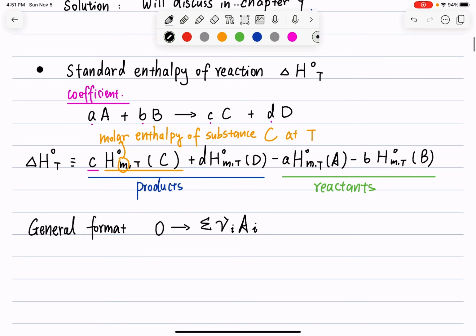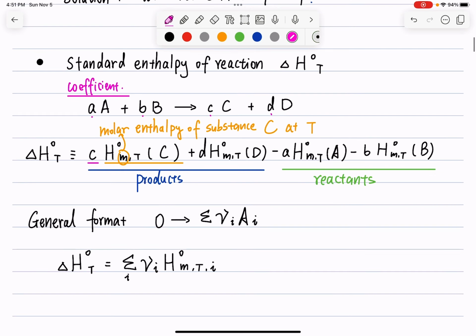So if we have that general format of reaction, we can rewrite the general format for our standard enthalpy of reaction as delta H_T equals the summation of mu_i and the molar enthalpy delta H naught m at a certain temperature T for that specific substance.